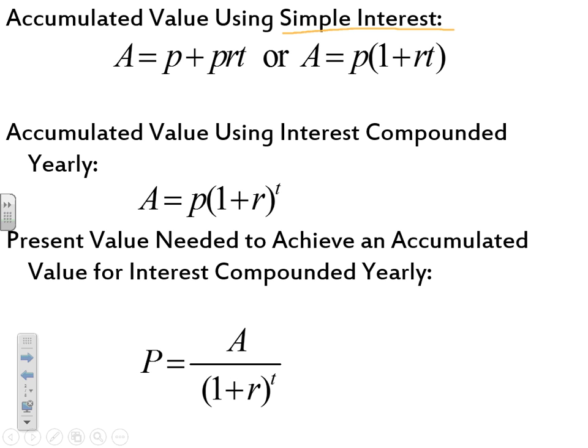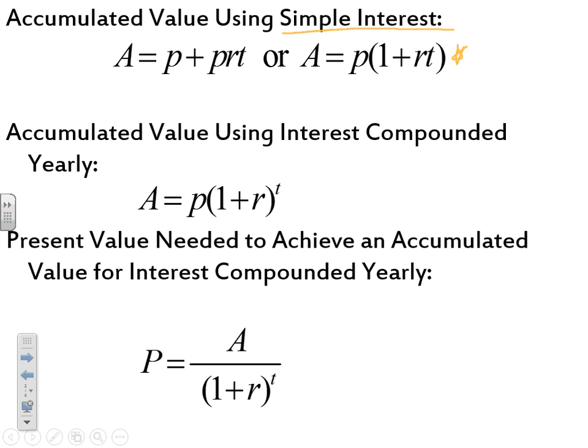And there are two forms, where P is in both of the terms, or the right side where P is factored out. Personally, I prefer that form. That's just a personal preference, nothing against the other one. If you want to use it, by all means.